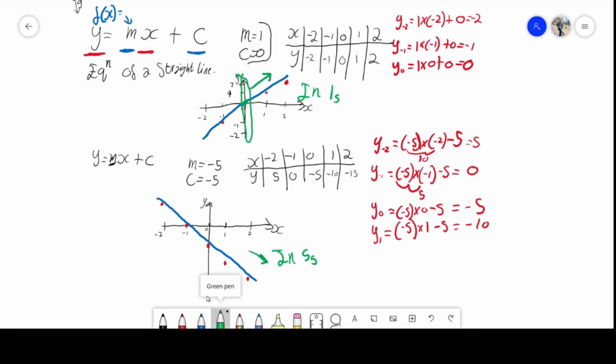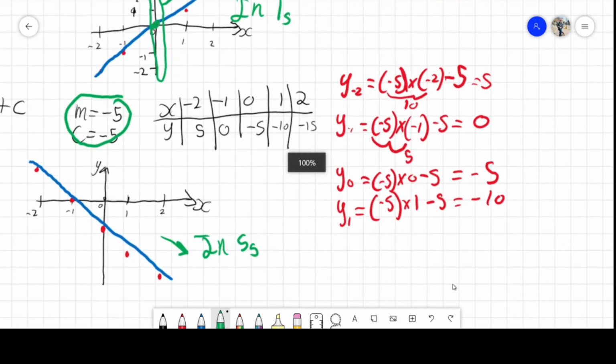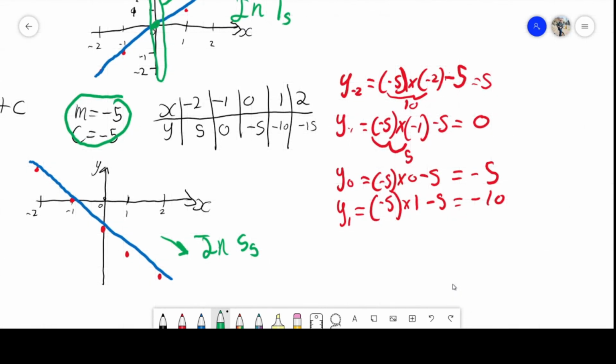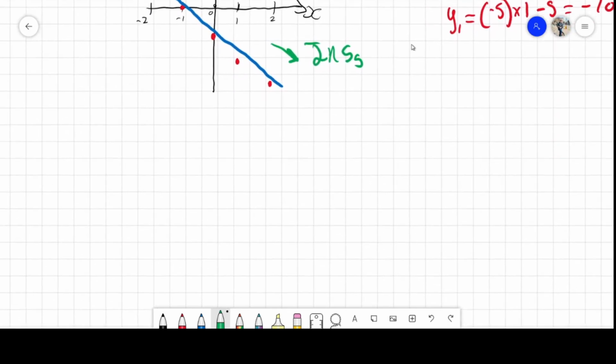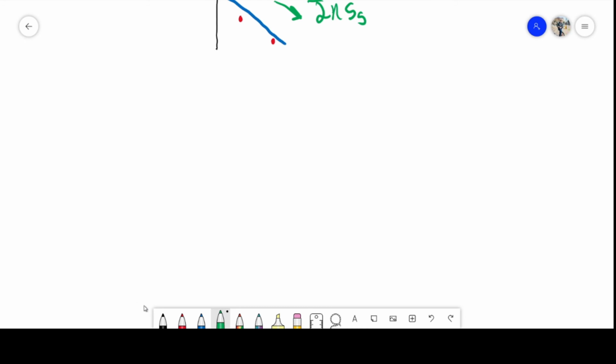Well, unsurprisingly enough, it is all encoded in these constants here, the m and the c. So in the context of our straight line graphs that we've just been playing with, we find that m and c have some very specific purposes. We find that m is what we call the gradient.